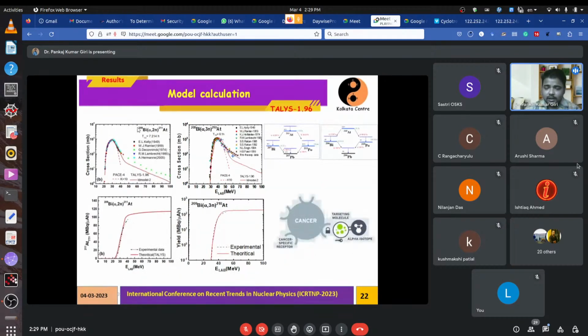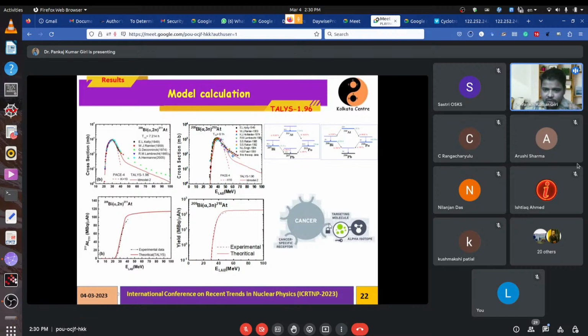And lastly, I will show a radioisotope which will be of great importance in targeted radiation therapy. That is bismuth 209 with alpha particles, from which we can produce astatine 211. Our model prediction shows that the production agrees well with the experimental data, and we can see that the optimal production range will be above 40 to 50 MeV.